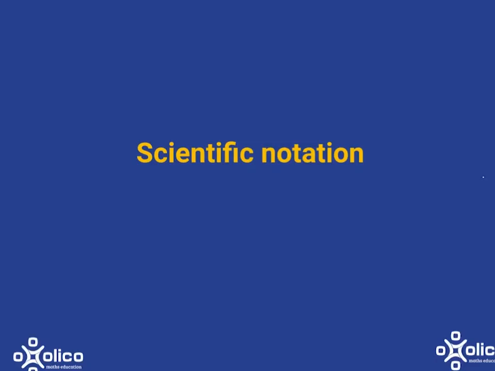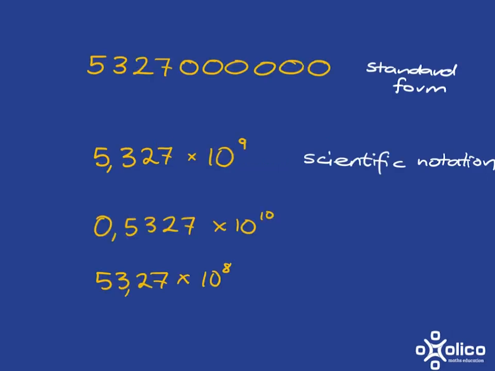Let's have a look at scientific notation as a way of writing really big numbers. On this page we have 4 different ways of writing exactly the same number. So all these 4 are exactly this number. Now this number, a good old normal number, we're going to call it being written in standard form.